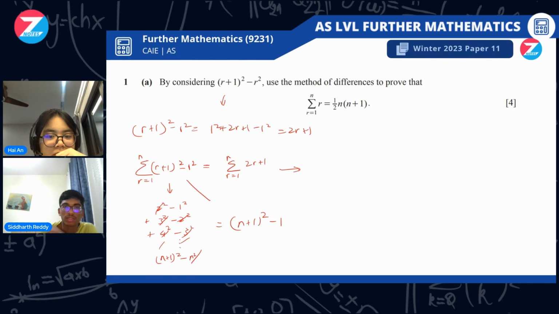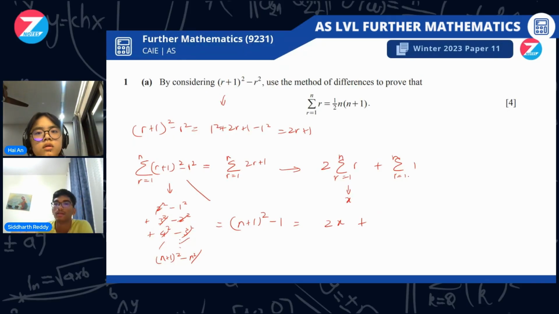From the right-hand side, we can break this up as 2 times the summation of r from 1 to n of r, plus the summation from r equals 1 to n of just 1. This is what we're trying to find, so let's call it x. So (n+1)² minus 1 is equal to 2x plus the summation of 1, which is just n. The left-hand side we can write as n² plus 2n plus 1 minus 1, equal to 2x plus n.